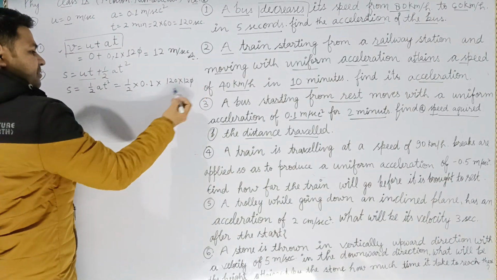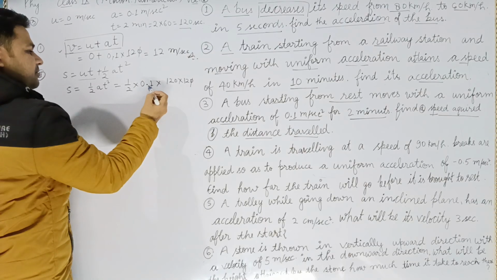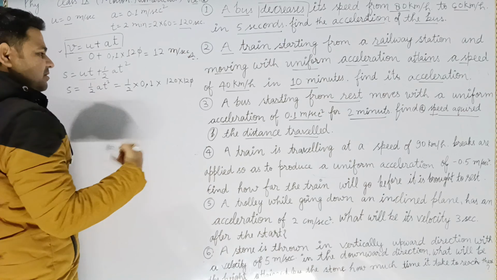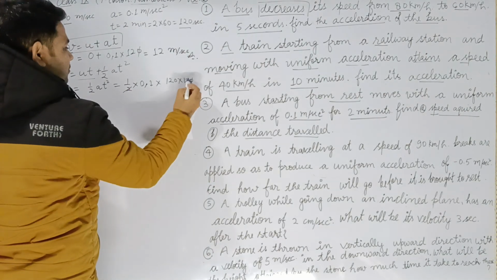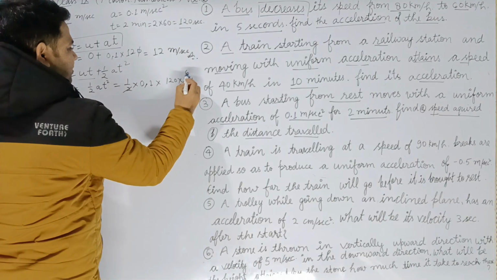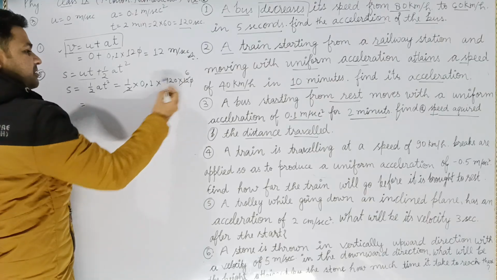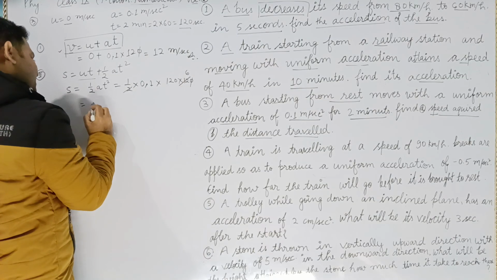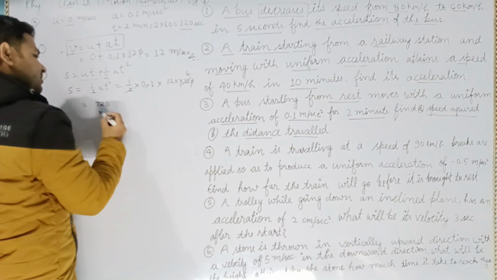Simply we cut this 0 and remove the decimal. We cut 2 6s are 12, and solve. 12 6s are 72, and simply we put 0 here.